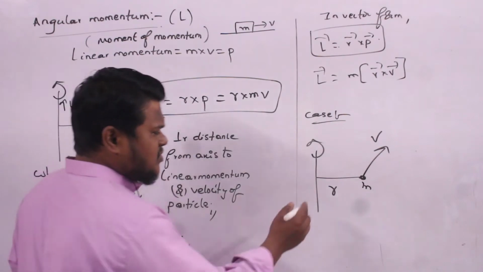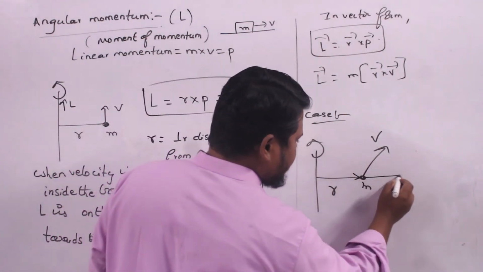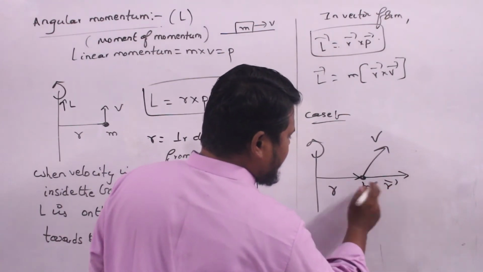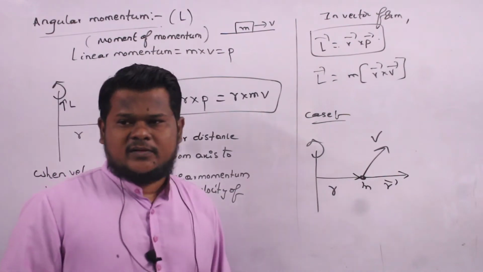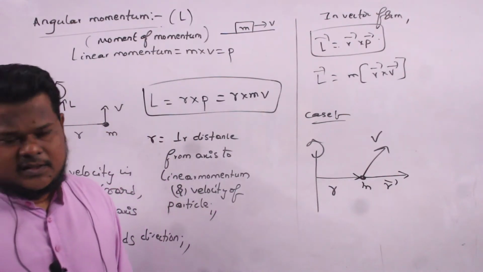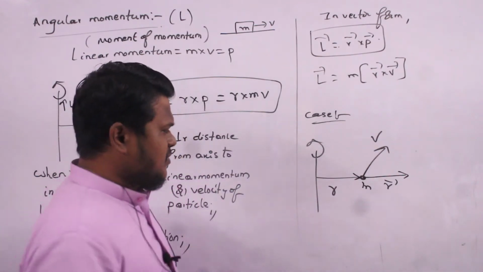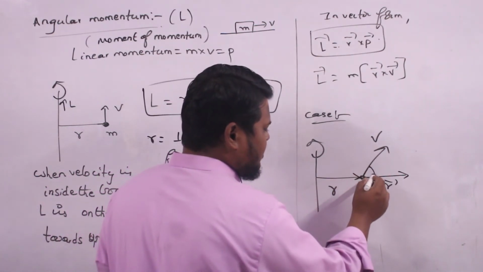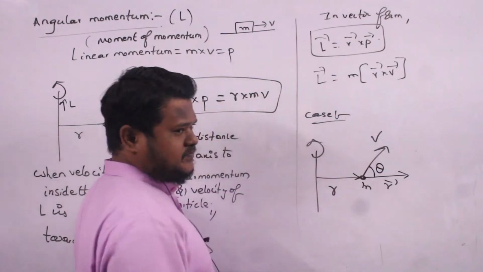So this is the radius vector. You can extend this radius vector here also. Displacement of vectors we have studied: a vector can be displaced anywhere, just its direction and magnitude should not change. So this is the angle theta between the radius vector and velocity.